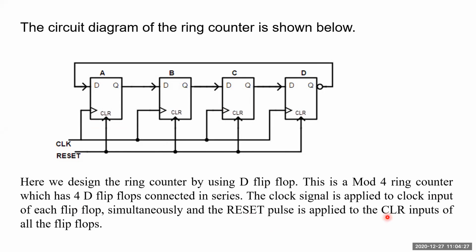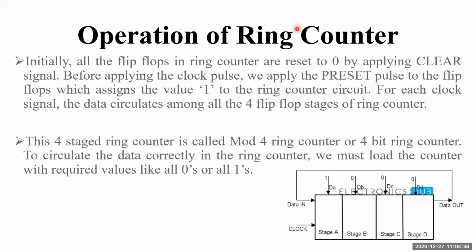And the reset pulse is applied to the clear input of all the flip-flops in order to reset the memory of the flip-flop. Now let us see the operation of this particular ring counter. Initially, all the flip-flops in the ring counter are set to 0. With the help of reset, we clear all the data, and the data is reset to 0.